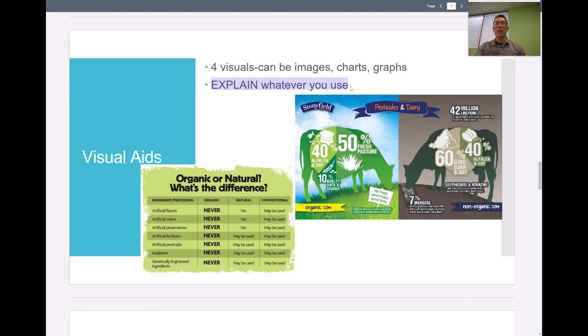Okay? So it can be images, it can be charts, it can be graphs. Maybe if you're doing the marijuana topic, well, maybe some charts about how many people use marijuana before and after the legalization, for example. And that's good enough. One comparison, before and after. You're going to show something, oh yeah, there's a lot more people using it now. Well, maybe you can show the crime rate.